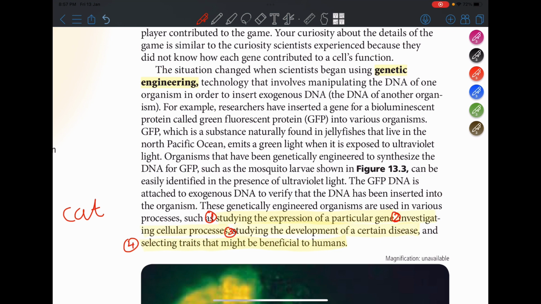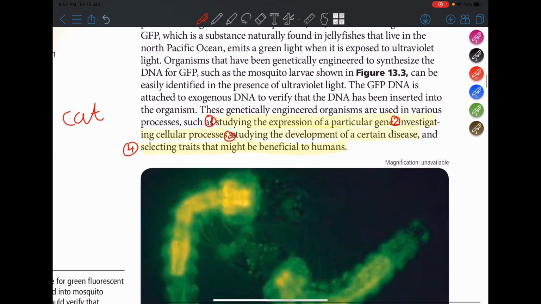When we say genetically engineered, basically I inserted that GFP gene into an organism, and now they can start to synthesize, to make, that light.